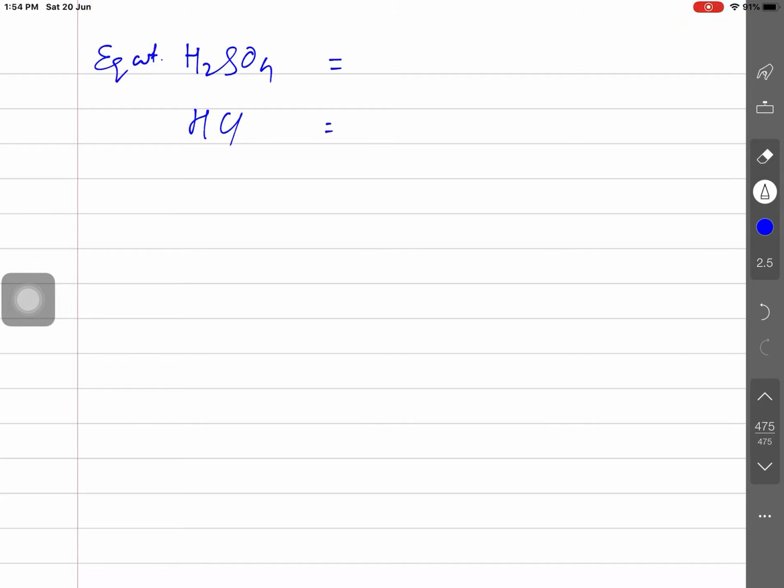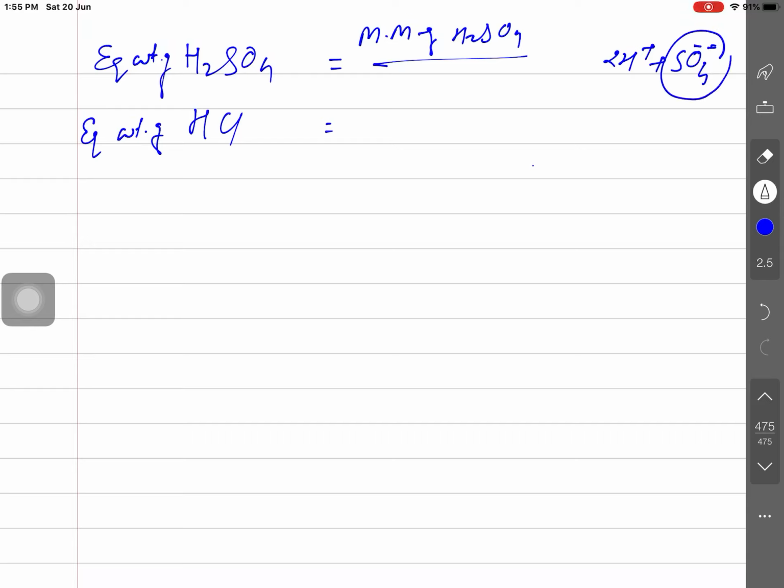What is the equivalent weight of H2SO4? It is the molecular mass of H2SO4 divided by its basicity. H2SO4 gives 2 H positive ions and SO4 2 negative, so the basicity of the acid is 2.